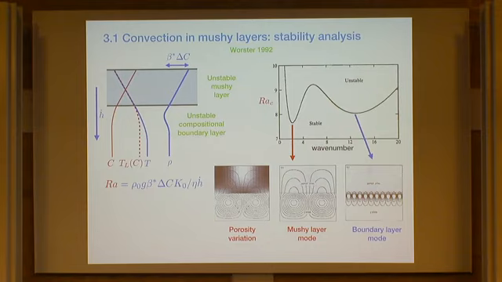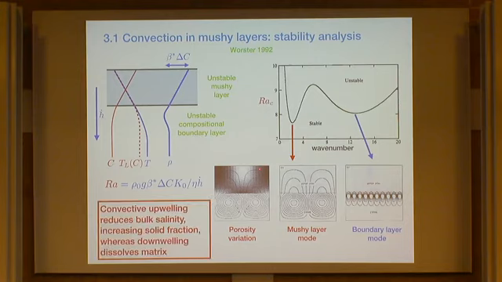So if you remember my liquidus diagram earlier, it must mean that you're increasing the solid fraction, so that's the darker regions here. Conversely, if you're moving down, the opposite happens, and you're bringing in more salt, and that's dissolving the matrix. So in upwelling regions, you get a higher solid fraction, and in downwelling regions, you get a lower solid fraction.